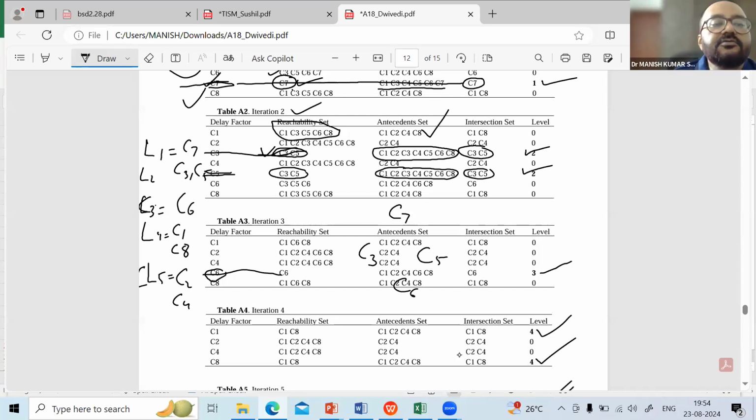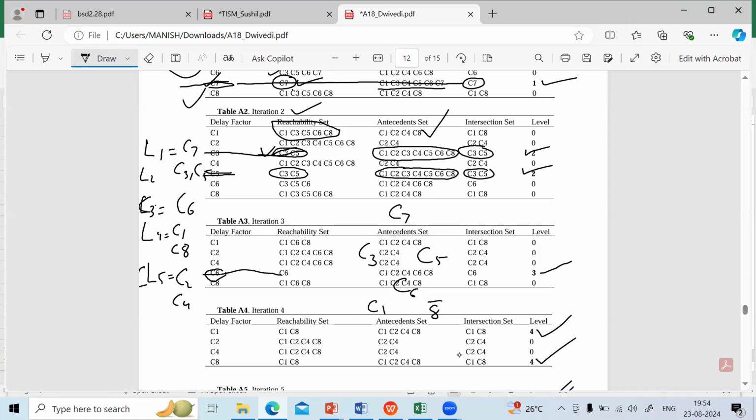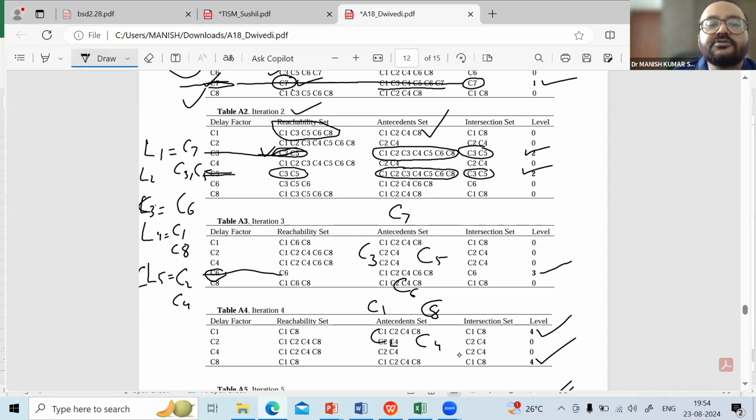Then you go to level 4: C1, C8. And then C2, C4. Then you create this kind of thing. This is what you call a node. Create a node. Anyway, this is the kind of thing.